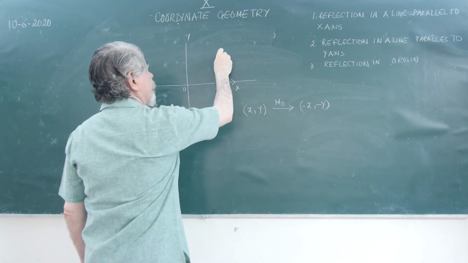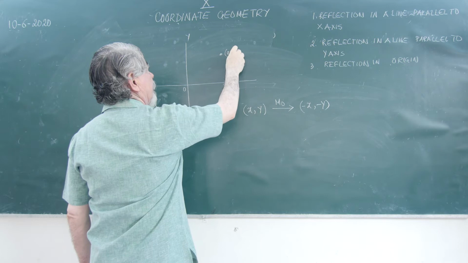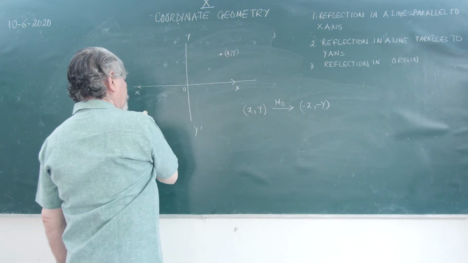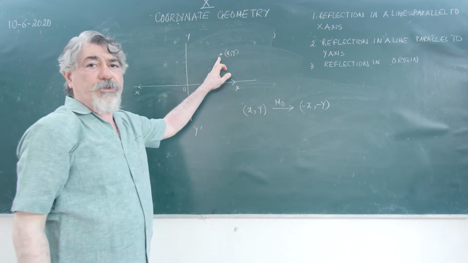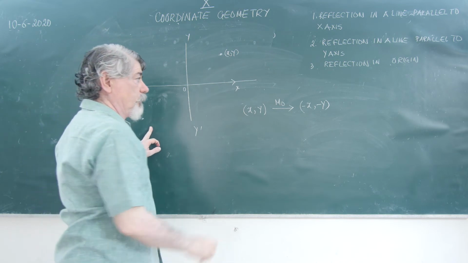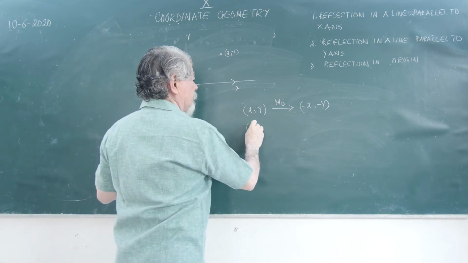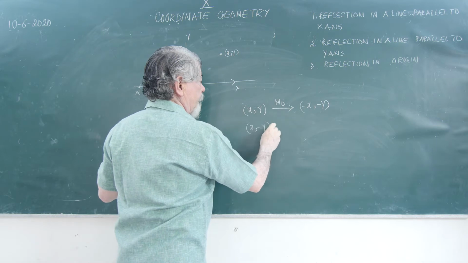Because when you reflect a point xy through origin, the point will come into the opposite side, from the first quadrant into the third quadrant. Suppose it is x minus y, in the fourth quadrant.